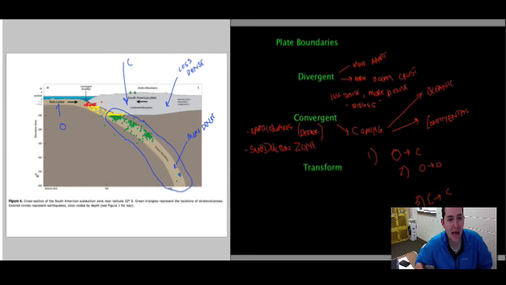Alright, so what happens is when this sinks under, we get this part right here. I'm just going to highlight this for you in yellow. Right there. So we can see that V. I'm going to draw a little line on that V for us as well. So we can see this V.